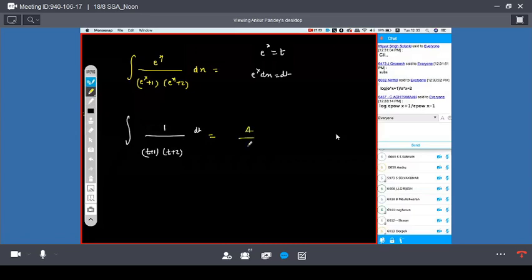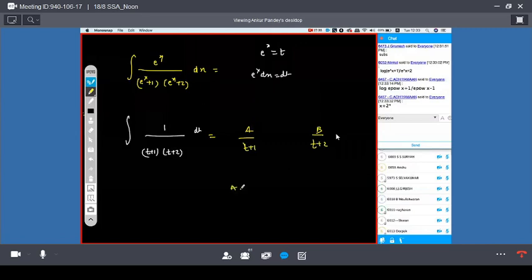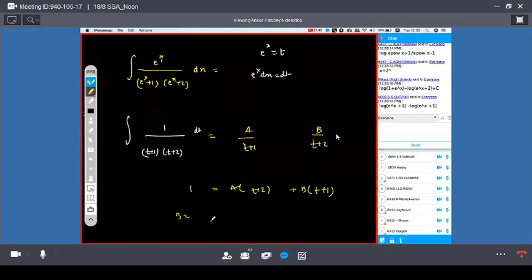Just where is the doubt: a upon t plus 1 and b upon t plus 2. So a into t plus 2 plus b into t plus 1, right or not? Equal to 1. When we put t equal to -2, we get b equal to -1. When we put t equal to -1, we get a equal to 1.